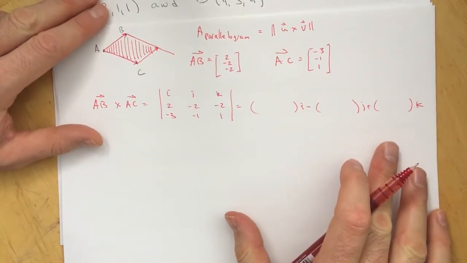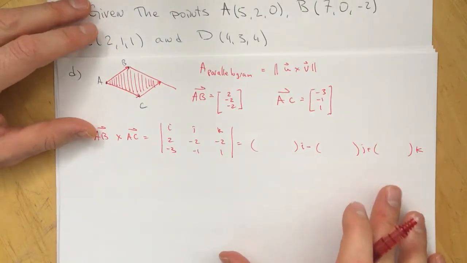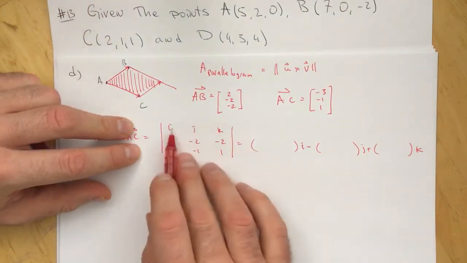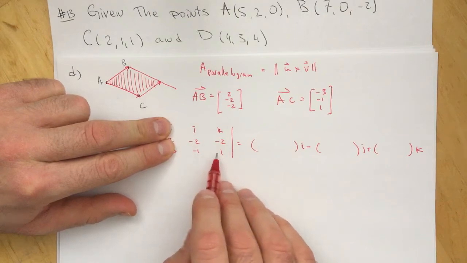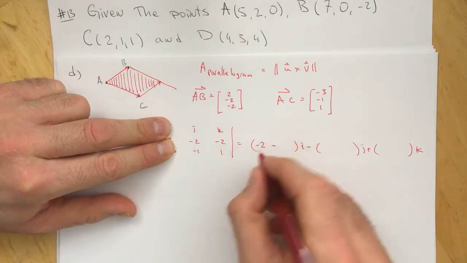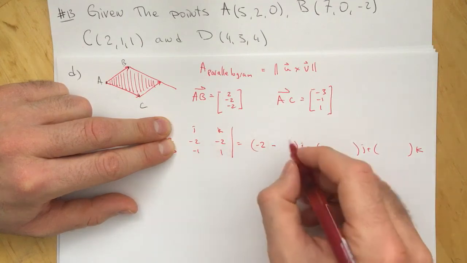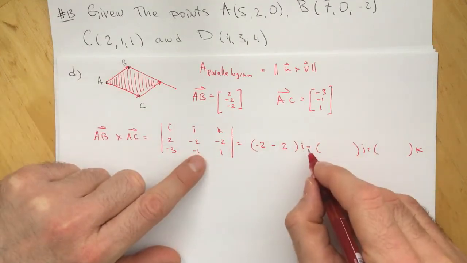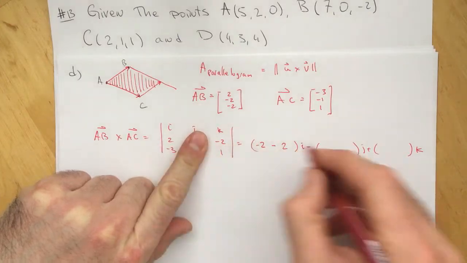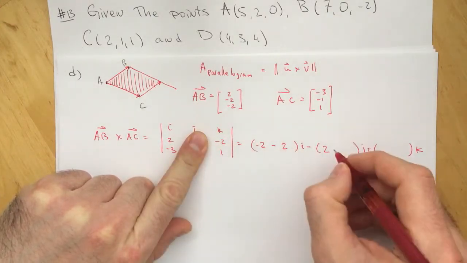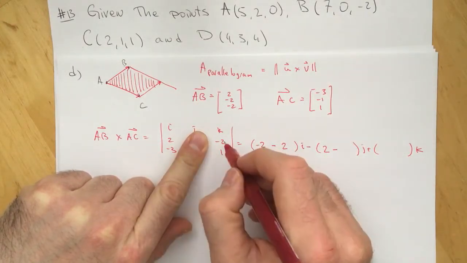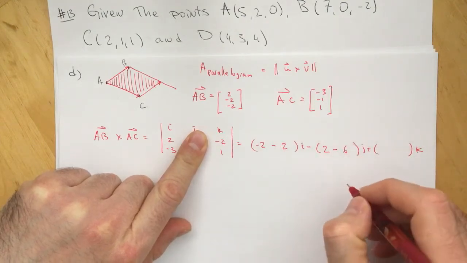And I solve this by finding the cofactor expansion about the first row. So that's negative 2 times 1 is negative 2 minus negative 2 times negative 1 is just 2. Minus, don't forget about this sign, 2 times 1 is 2, minus negative 3 times negative 2 is 6.